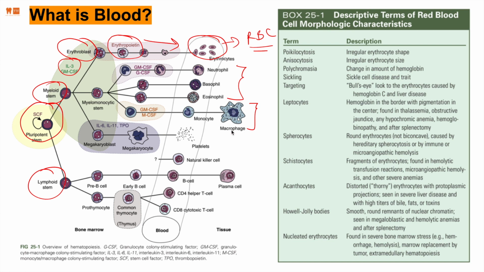Monocytes, macrophages, is the defense mechanism. Of course, we will talk about all of this in our section in general pathology in the future. And then we have the formation from myeloid stem into megakaryoblasts, into platelets. And this is where we are for today's lecture.